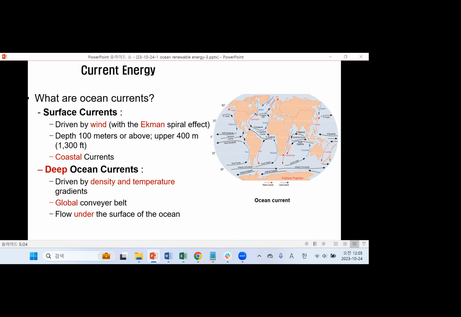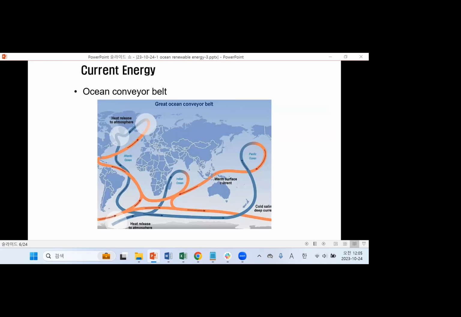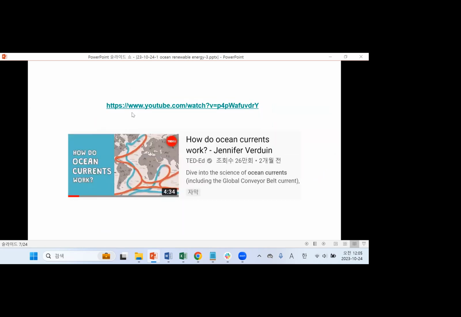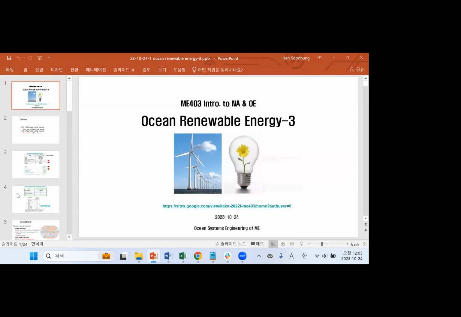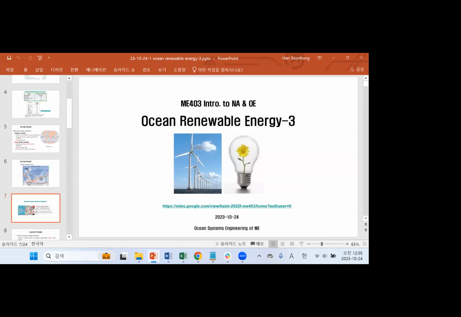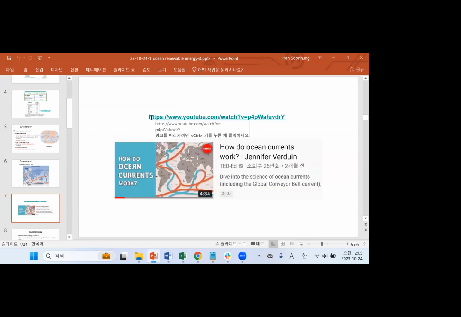It is slow, but very large scale, what we call the global conveyor belt. You see that the conveyor belt covers the whole ocean of the globe, but it is very slow. So we see a video of how it goes with this ocean current.